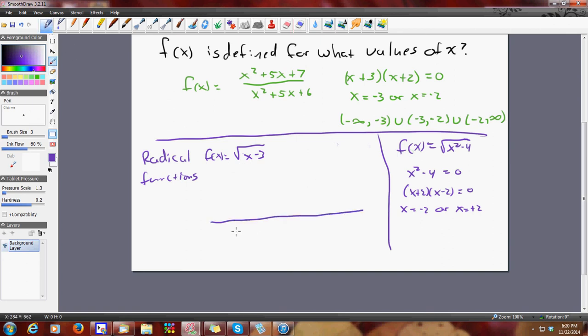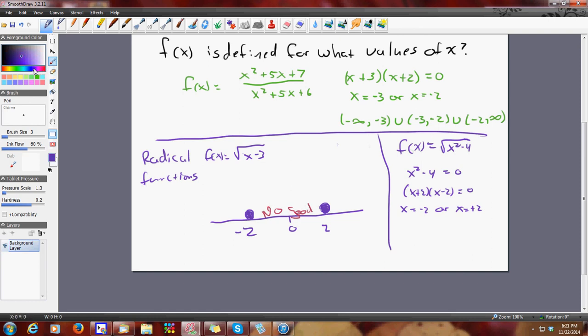I have negative 2 here, I have positive 2 here, I have 0 right in the middle. Negative 2 and positive 2 are going to be included, but I want to see which way these are going to go. If I plug 0 in, I get 0 squared minus 4, which is negative 4, so this is no good.